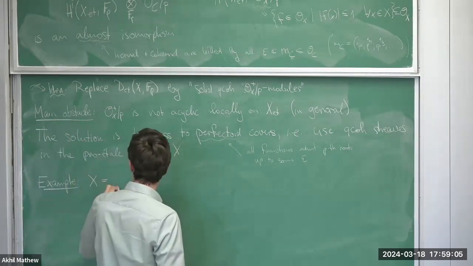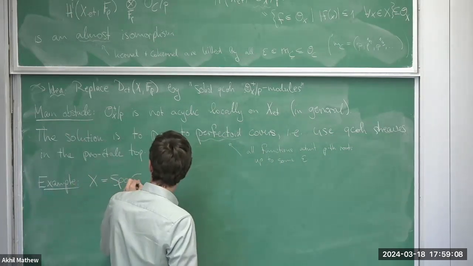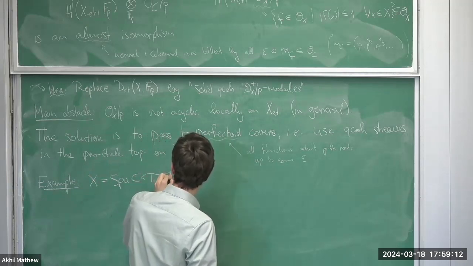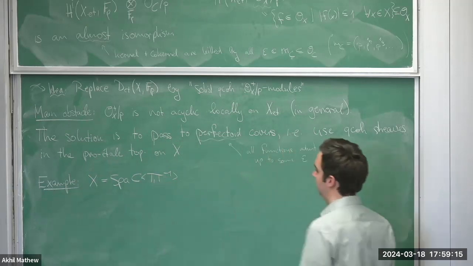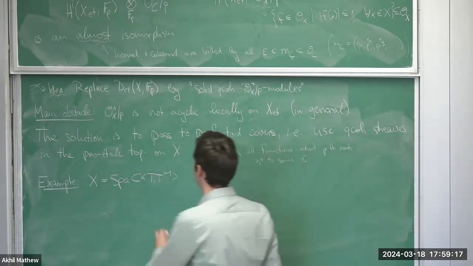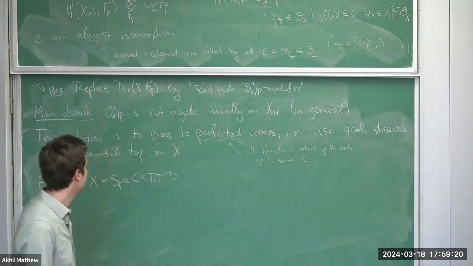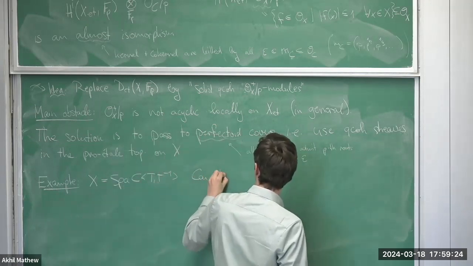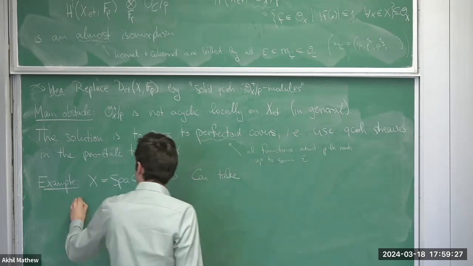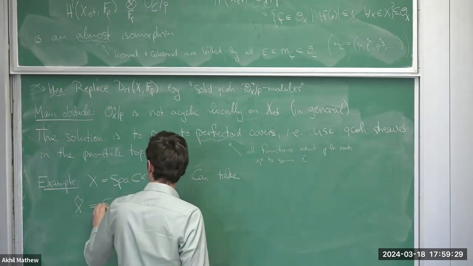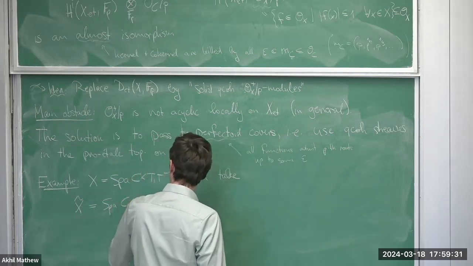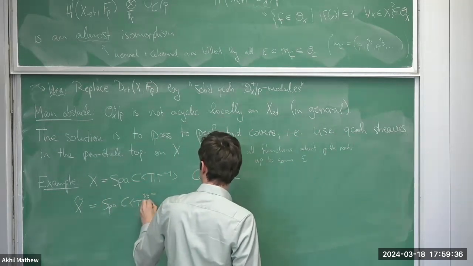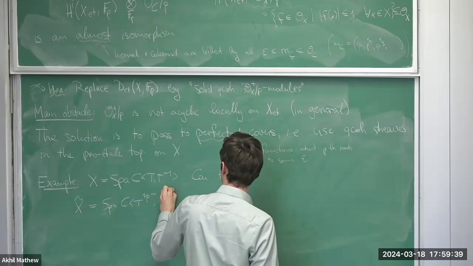Next, let me take the torus. It's just the space associated to T and T inverse. Then we can take the perfectoid torus, where I'm going to take all the p-power roots of T and the same for the inverse.